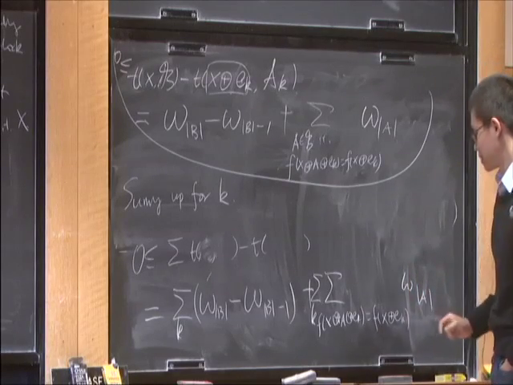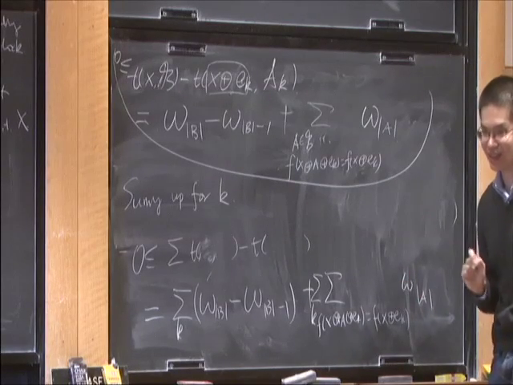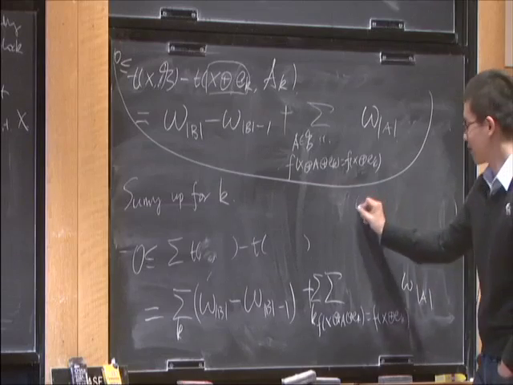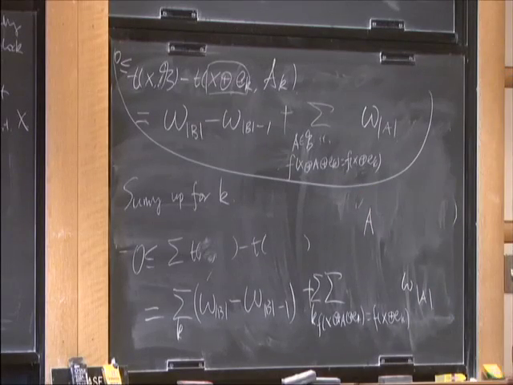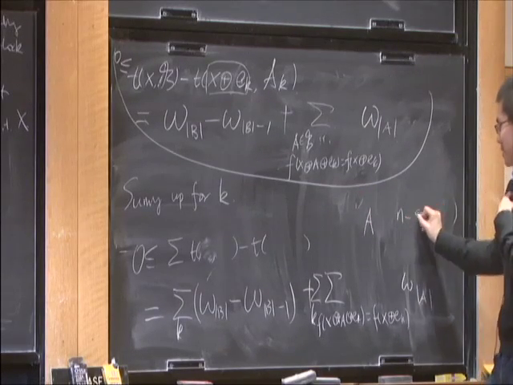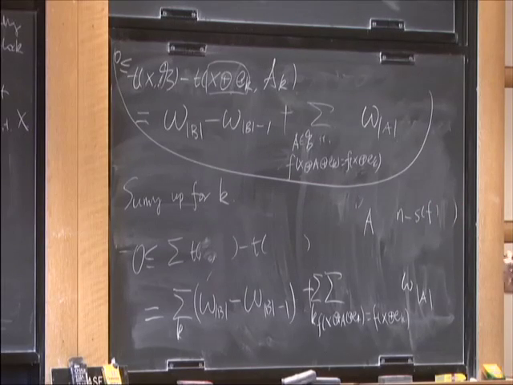And for the second thing, we can use the sensitivity. Now we can see that every set A appears at most n minus the sensitivity number of times.